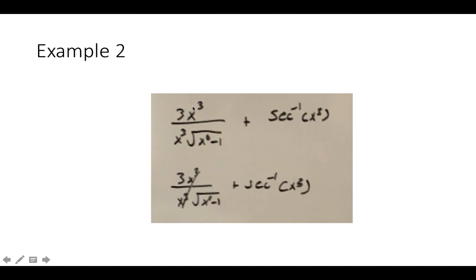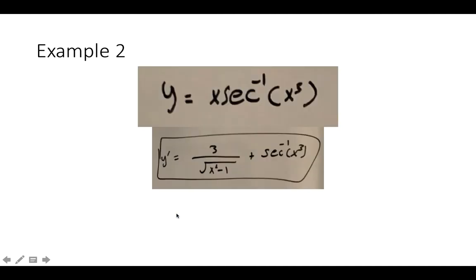So we want to break this up even further. How will we break this down even further? Since we have x cubed on both sides, we can cross it out. And now what we're left with is 3 divided by the square root of x to the 6 minus 1, plus inverse secant of x cubed. That is the derivative of x times inverse secant of x cubed.